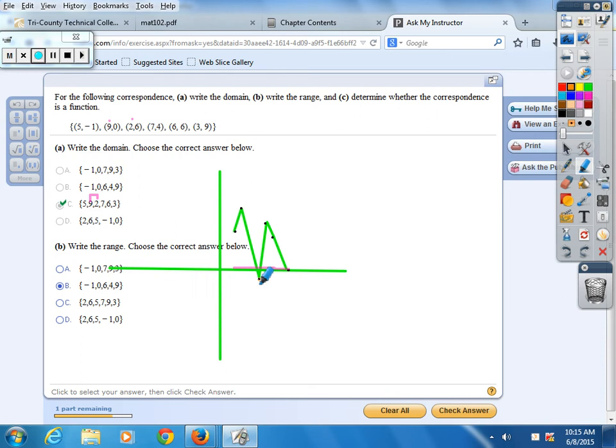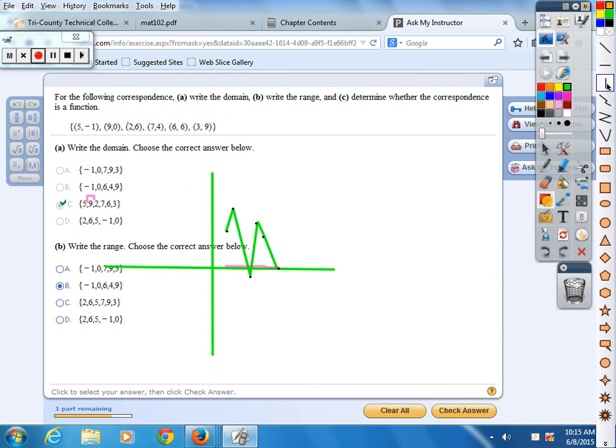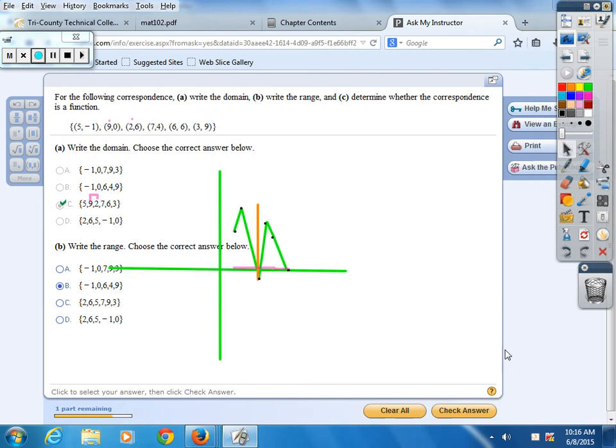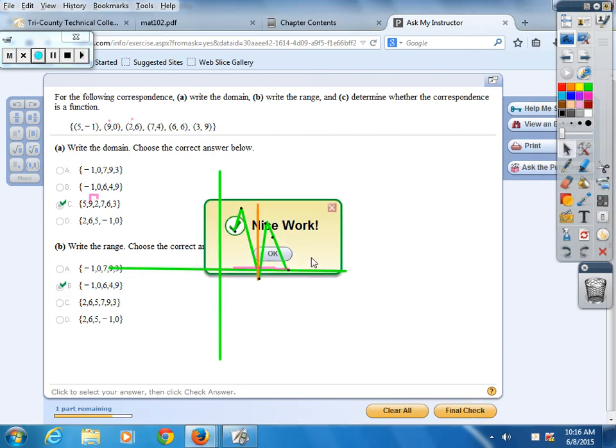From this point here, that's supposed to be up to this point here. So it's from -1 to 9. And that should be your answer. Yep.